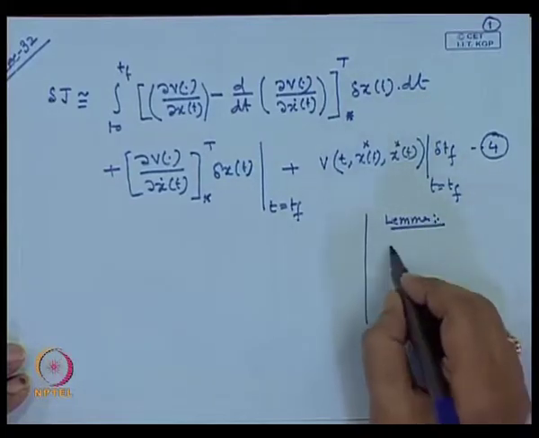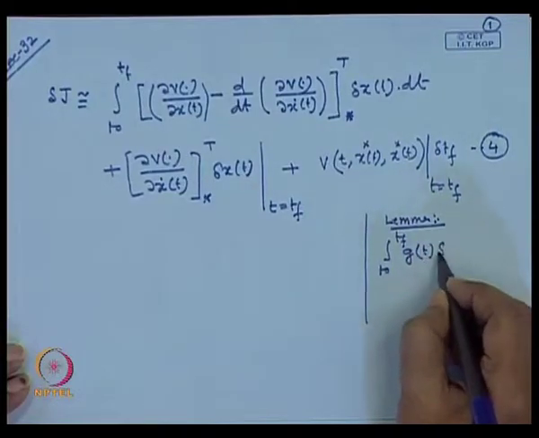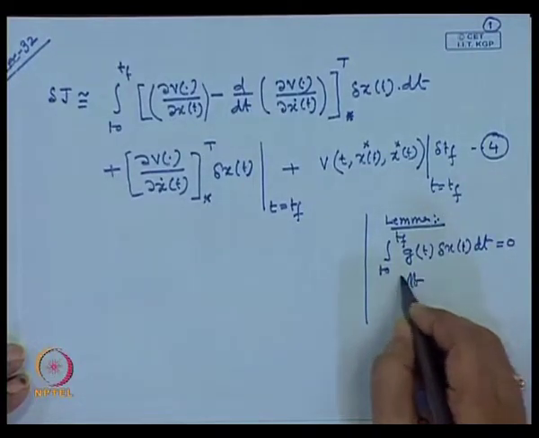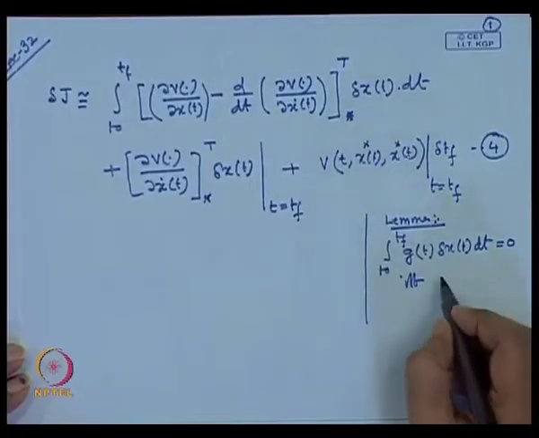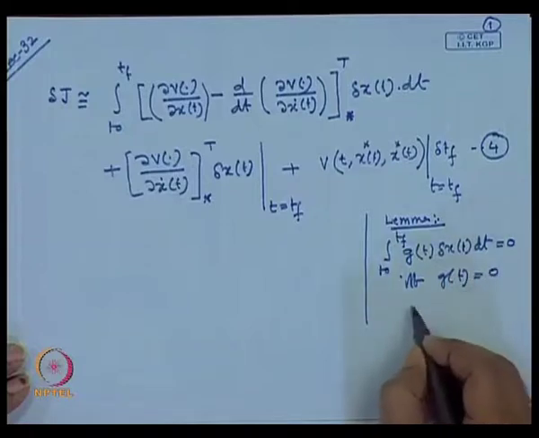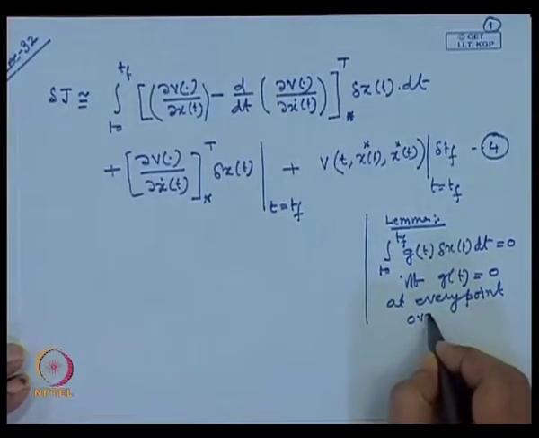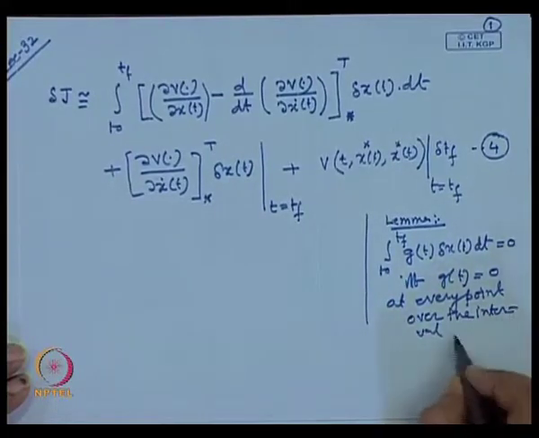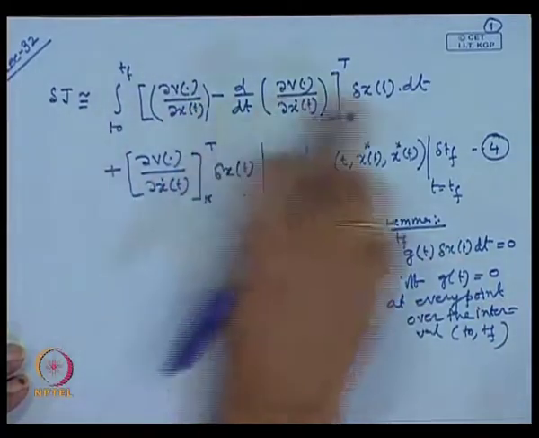The important lemma is that the integral from T 0 to T f of g of t delta x of t dt is equal to 0 if and only if g of t is continuous and it is 0 at every point over the interval T 0 to T f. So we will use this lemma in equation 4.